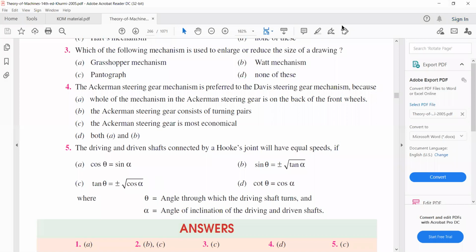We already made this derivation in the earlier class, equals plus or minus cos alpha. These are all important objective questions, and they also come as 2 marks questions.